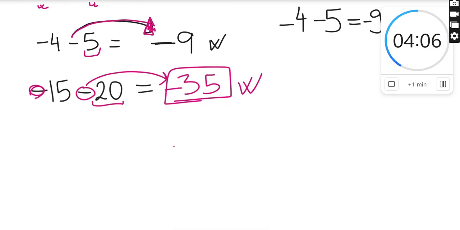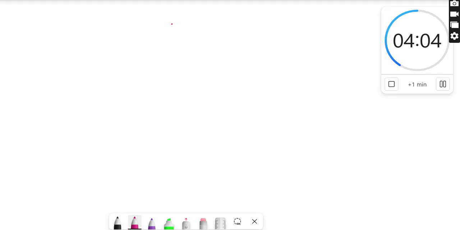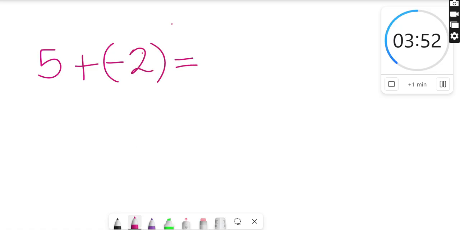Excellent. Okay, now guys, what happens when we add some brackets to that? If we have, for example, 5 plus and then minus, let's say, 2. 5 plus minus 2. Now, here, step 1 is always to remove the double sign.